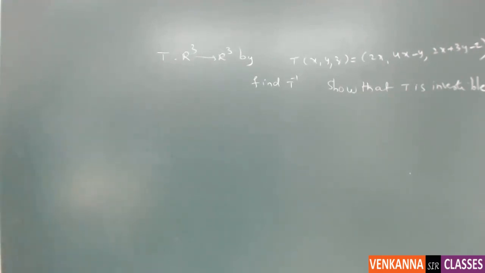Here we have a transformation from R cube to R cube defined with the property that T of (x, y, z) is equal to (2x, 4x minus y, 2x plus 3y minus z).